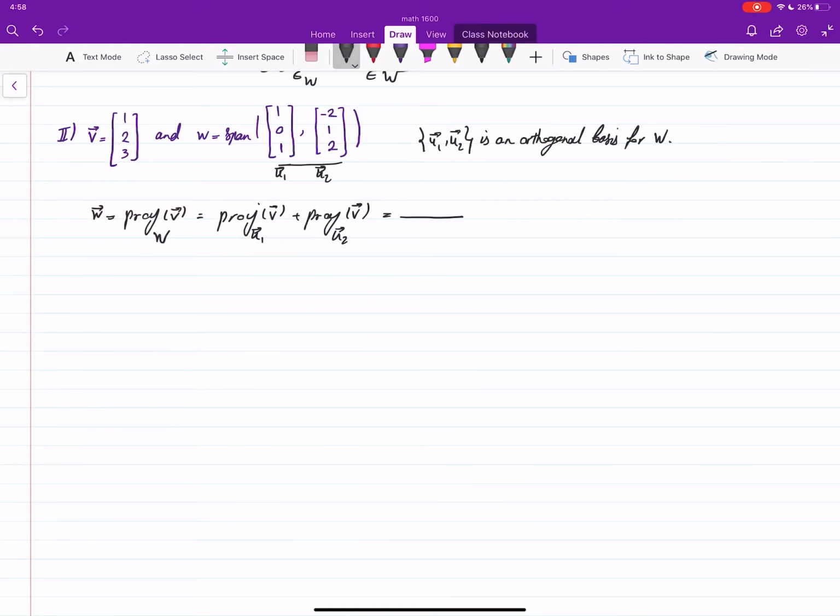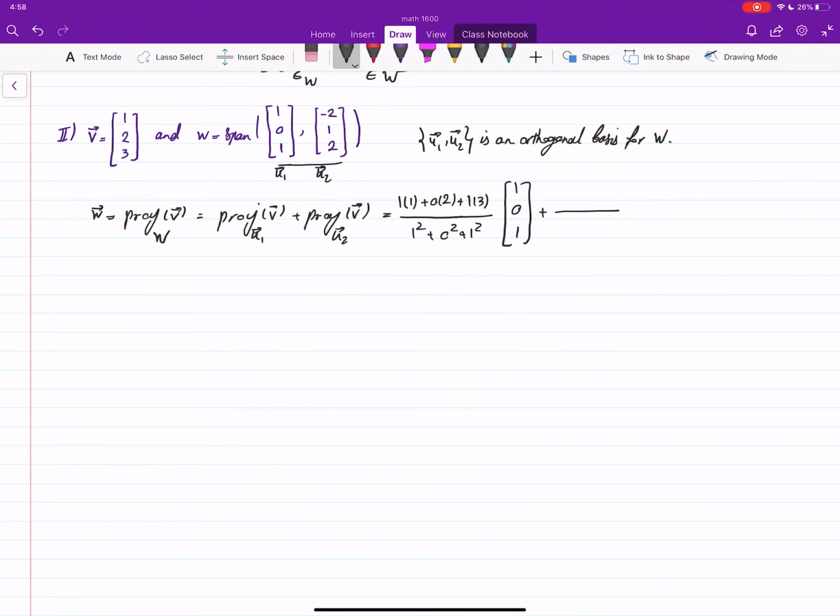The projection of v on u1 is (u1 dot v), which is 1 times 1 plus 0 times 2 plus 1 times 3, over u1 dot u1, which is 1 squared plus 0 squared plus 1 squared, multiplied by u1.